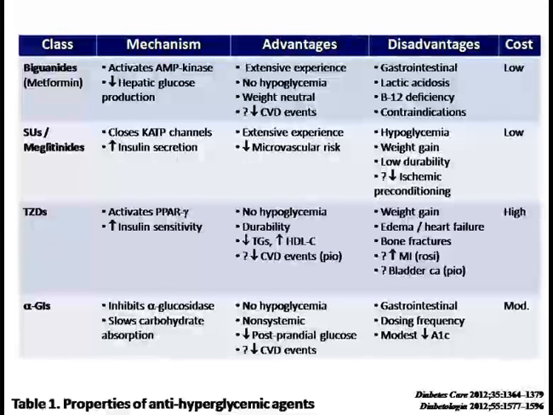Disadvantages: some people develop gastric intolerance, and it's written that there is lactic acidosis. I have not seen any case of lactic acidosis, and I don't think in this country, as far as India is concerned, more than 2 or 3 cases of lactic acidosis have been reported, and that too we are not very sure whether they were actually cases of lactic acidosis.